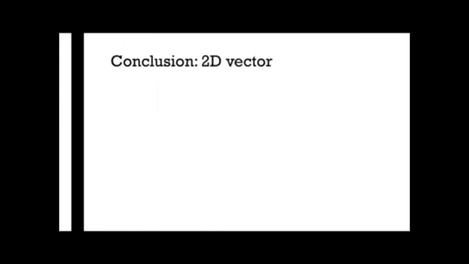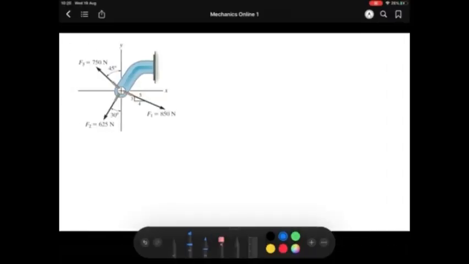So let's say we have a question like this. You can see in this question they give you two systems in terms of force. The first one is F1. F1 is given by a triangle system.